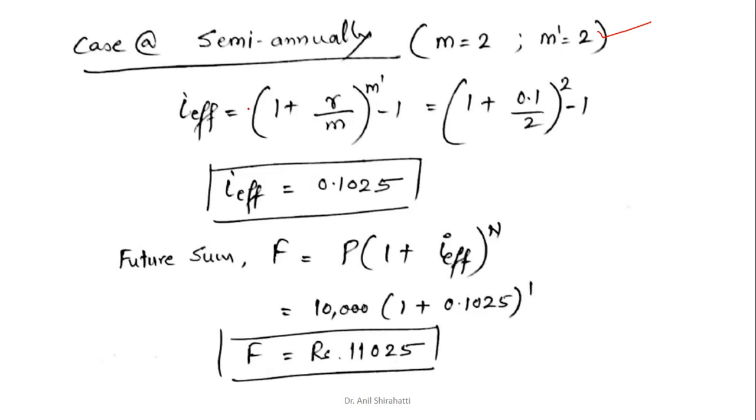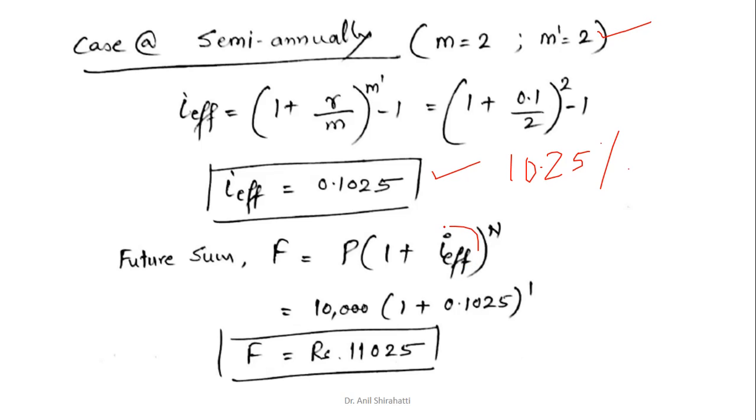So first we will calculate the effective interest rate. Effective interest rate is 1 plus R by M dash, raised to M, minus 1. So we are substituting 0.10 by 2, raised to 2, and we are getting an effective interest rate of 10.25%. Now we know from the last class the formula for future sum is P into 1 plus I, raised to n.